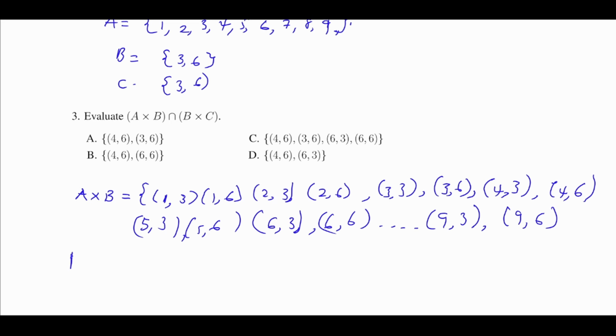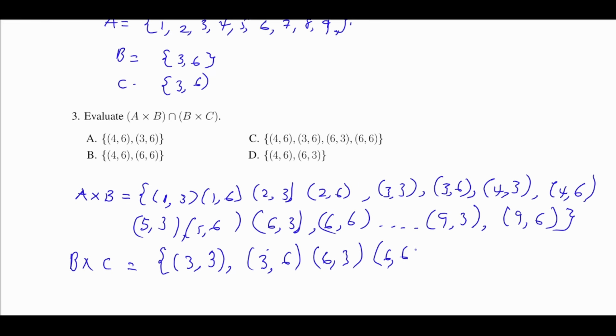Then we have B cross C. In that case, we will have 3, 3, then 3, 6, then we have 6, 3, and then we also have 6, 6.